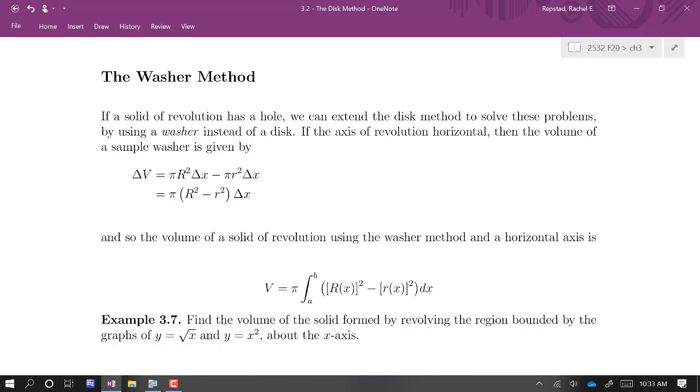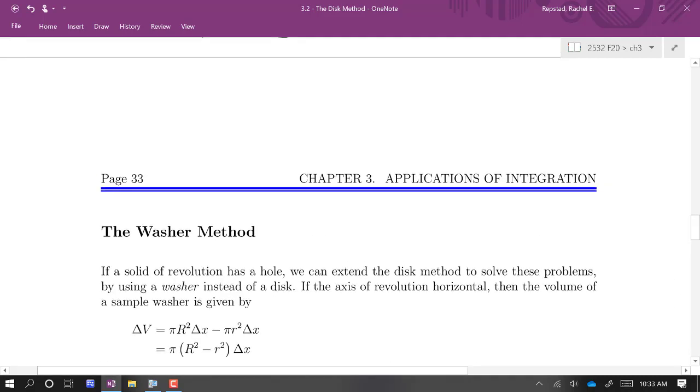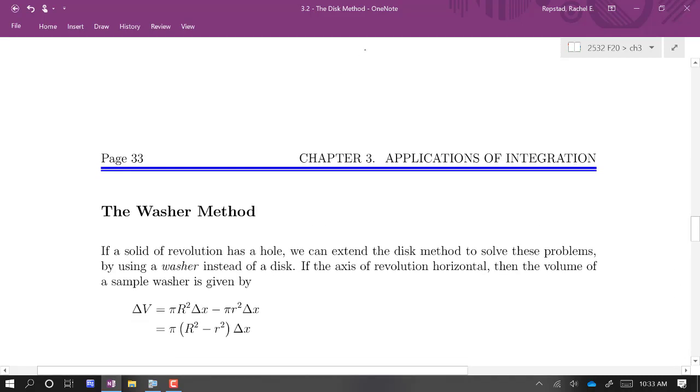So the way that we model that, if you have a disk with a hole punched in it, I'm going to sketch this out in the top margin here. So there's a solid disk, and then I have a hole punched out. I don't know if I've drawn that very well, but we've got this little hole punched out in that disk.